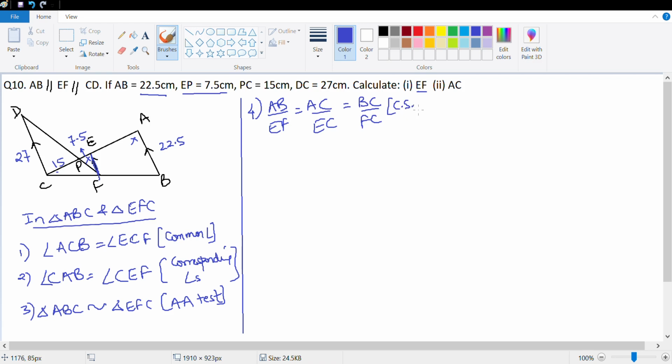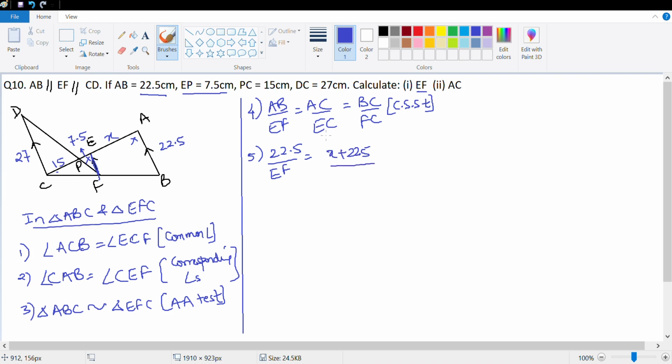The reason for this would be CSST. Now AB I have is 22.5, EF not given, AC is not given, EC I know is 22.5. So AC, let's take this value as X. So this is X plus 22.5.